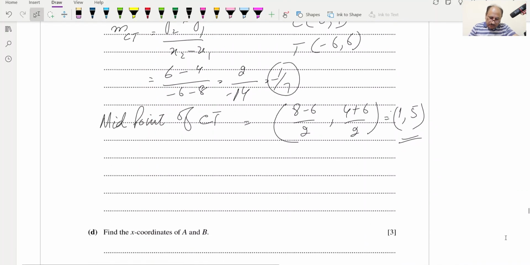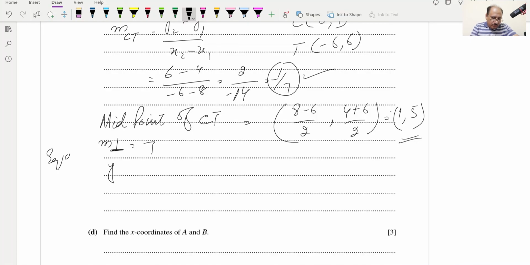This will be a point on the equation of AB, and we will use this point. Taking the reciprocal and changing the sign for the gradient of the perpendicular, it will be 7, and we can write the equation of the line in point slope form.